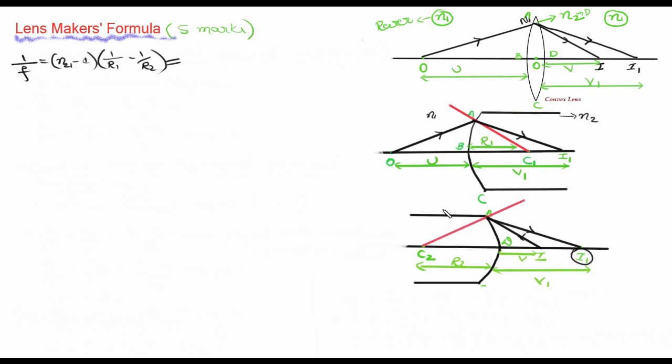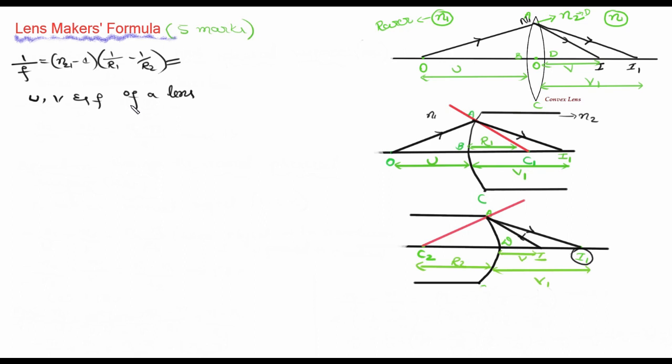Sometimes a 5 marks question will be asked: obtain a relationship between u, v and f of a lens. So we have two methods of deriving a relationship between u, v and f of a lens.